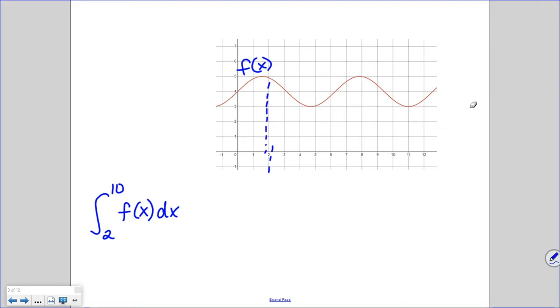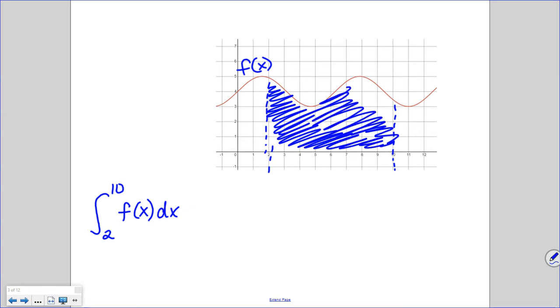I'm going to stop at x equals 10, so find x equals 10 and draw a line here. And I'm going to find the area between these two lines, the x-axis and the curve. So that's what we mean by the definite integral. It's going to be represented by that area.